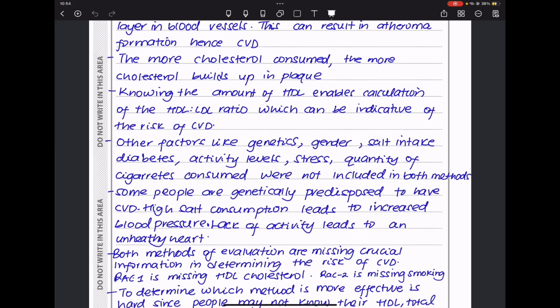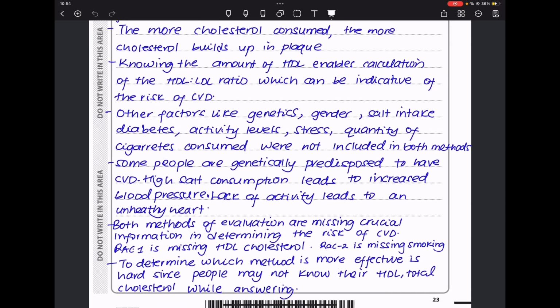Now, in the calculators, other factors were not included, for example, genetics, gender, salt intake, diabetes, activity level, stress, the quantity or number of cigarettes consumed by one person per time. These were all not included in both methods. And we know for genetics, some people are genetically predisposed to have CVD.